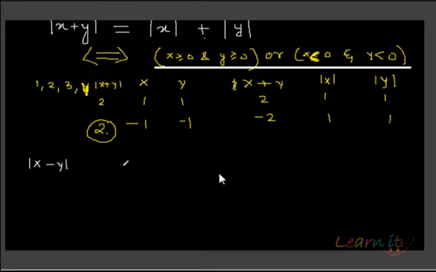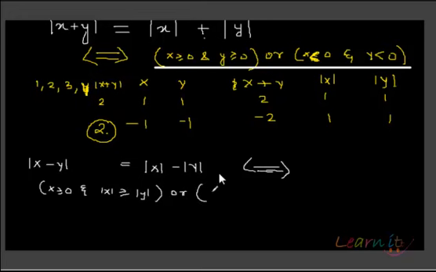Now looking at the difference, what happens to the difference when, like we say x plus y modulus, you can have x minus y modulus. Now that case also equals the separate difference, that is mod x minus mod y, if and only if the condition here would be a little different. The condition here would be that x is greater than or equal to 0 and mod x is greater than or equal to mod y.